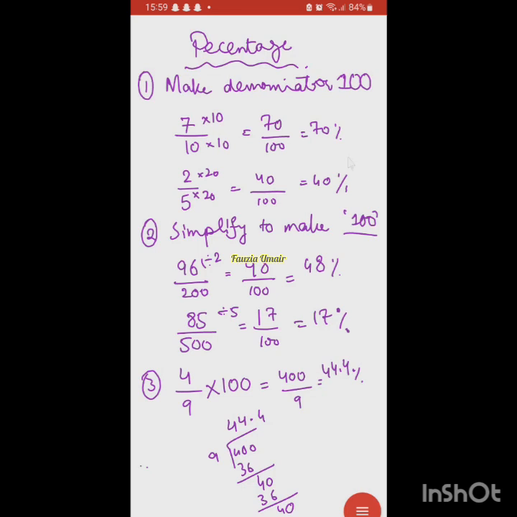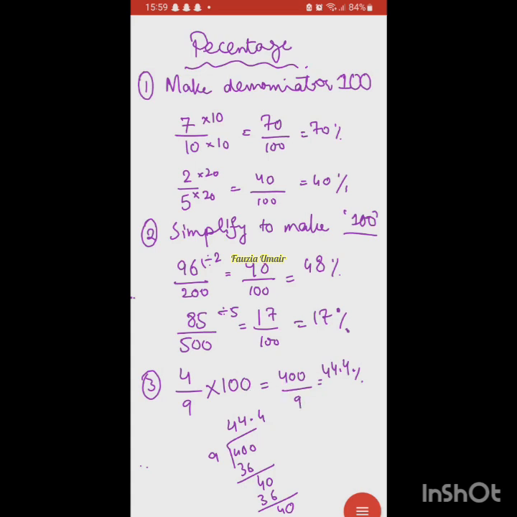Sometimes we don't get the 100 in the denominator either by multiplying or by division, जैसे इस केस में 4 by 9 में. तो फिर हम न्यूमरेटर को 100 से मल्टीप्लाई कर देते हैं परसेंट लाने के लिए. तो ये इस तरह बन जाता है, फिर उसको डिवाइड करके हम परसेंटेज का आंसर निकालते हैं.